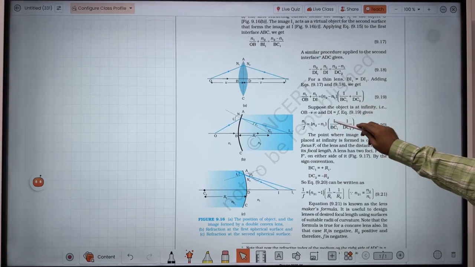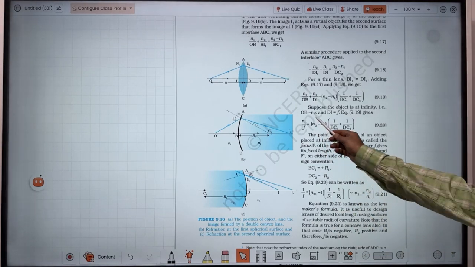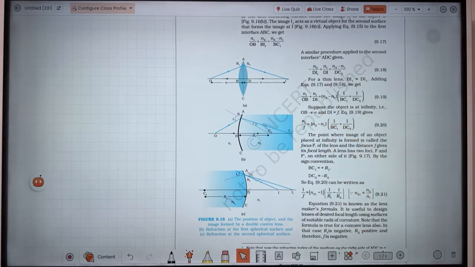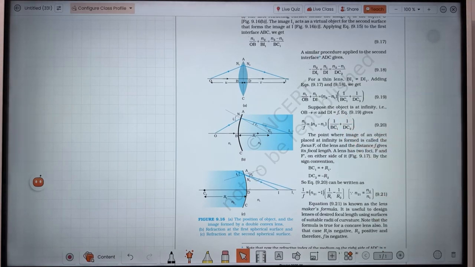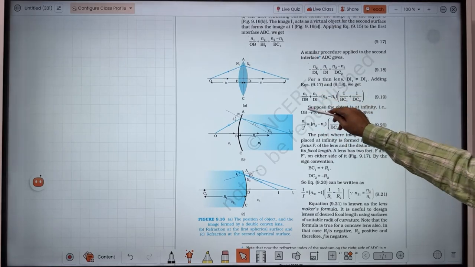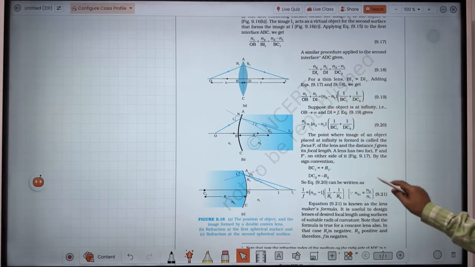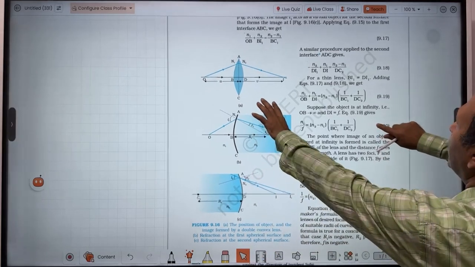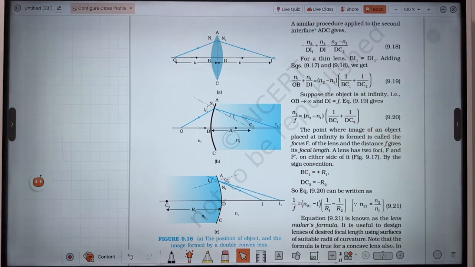Here we make another assumption, that the object is at infinity, which means OB will be infinity, then its image will be formed at the focal length, F or DI. So DI will be equal to F. If we write that value here, this term will become 0 and DI is F. So N1 upon DI equal to N2 minus N1 times 1 upon BC1 plus 1 upon DC2.